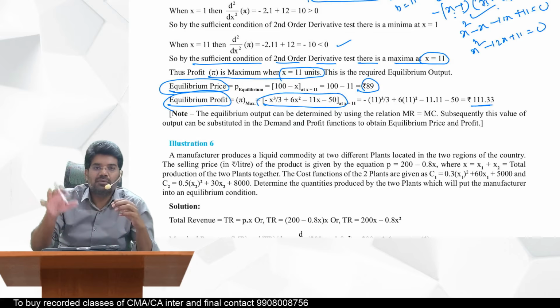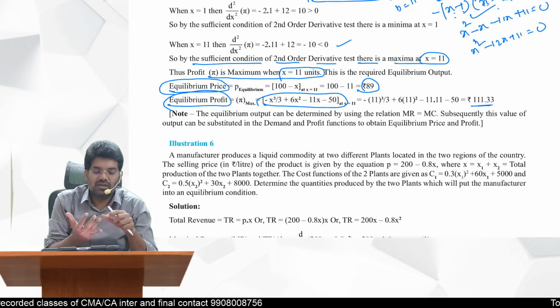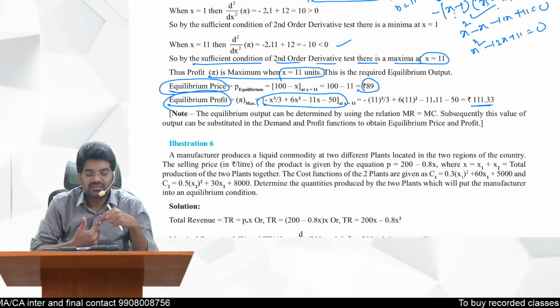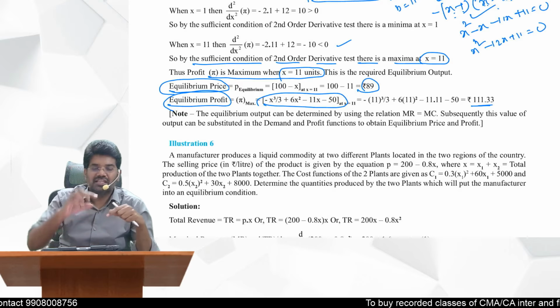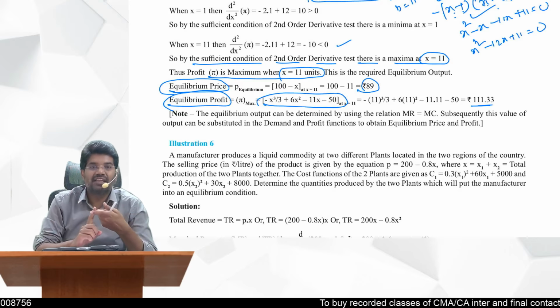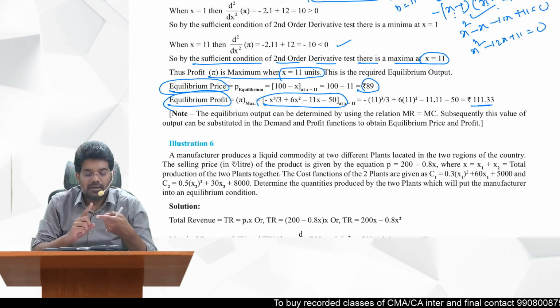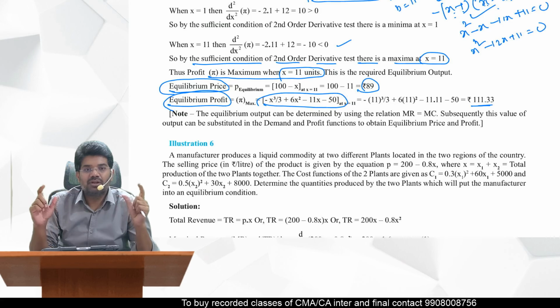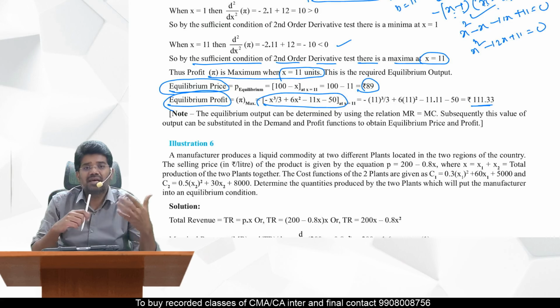So all are equilibrium points only: equilibrium output, equilibrium price, and then equilibrium profit. I hope everyone understood. So these are the three types of questions in single variable optimization: maximization, minimization, and equilibrium. Equilibrium means maximization of profit only.